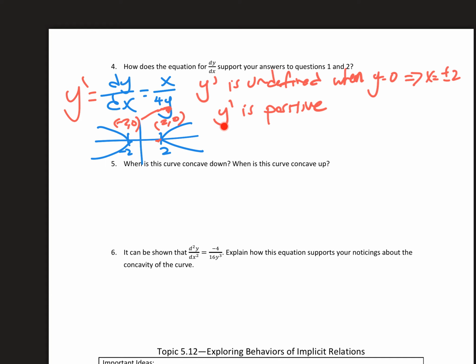So in this case, y prime is positive when x and y have the same sign. And this problem is in Q1 and Q3.